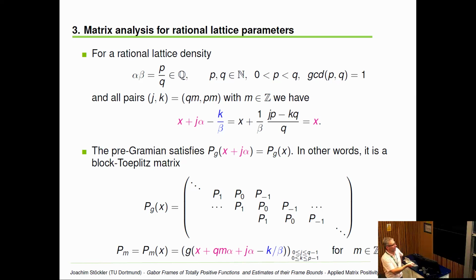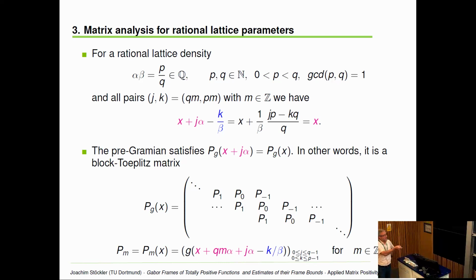So you get a diagonal block starting at x in the upper left, and then going q rows down, p columns to the right, with j and k only restricted to this finite set. You get q by p blocks, and then you go down in step by mq rows, and that brings you to the block P1, which has this fixed q m alpha sitting in the row index, and then does the same with j alpha, k beta.